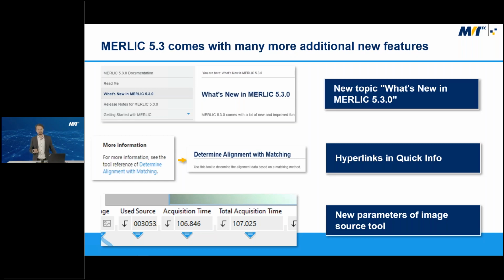We also added new parameters to the image source tool. So we added the source ID, acquisition time, and total acquisition time, and those are just values that can then be used in the later process, maybe also to optimize the runtime of the application.